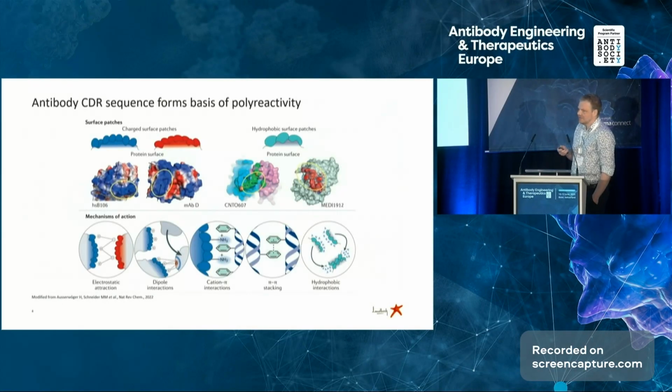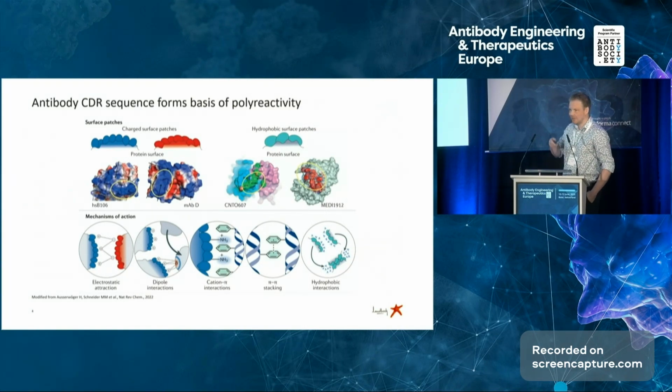The molecular basis of the polyreactivity is of course found in the chemistry of the substitutions that are being incorporated in the affinity maturation campaign. And basically, amino acids that are good at driving protein-protein interactions are also good at driving up the affinity. It's also good at driving interactions to other targets.